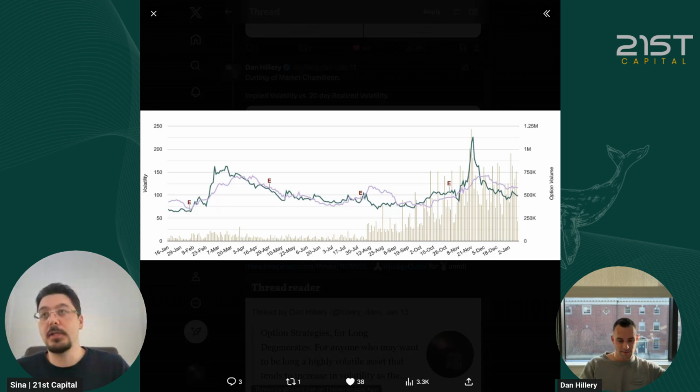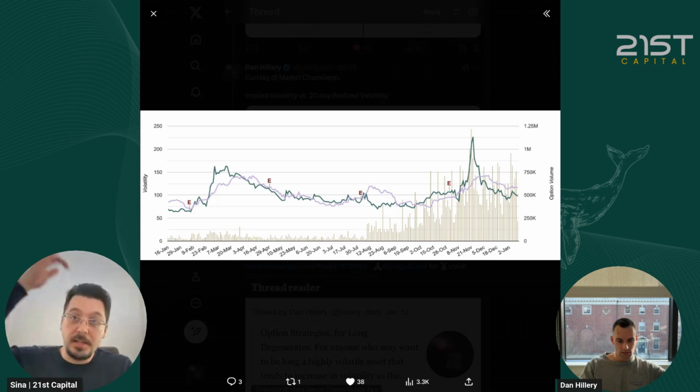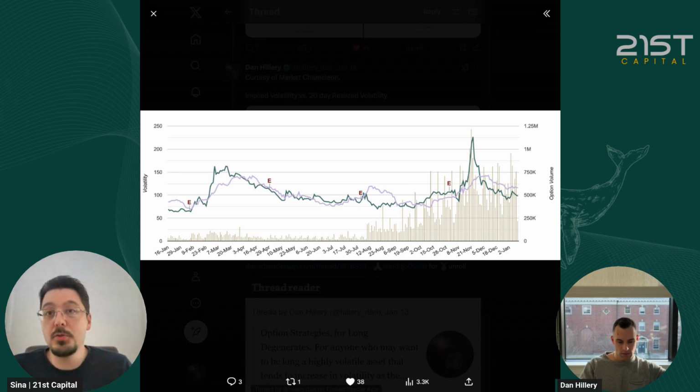Exactly. For instance, you can say something like, I want to bet that MicroStrategy will go up somewhere between 400 to 1,000. So you can sell the upside above 1,000 and collect some cash today. Use that cash towards buying the call option for the 400 strike.